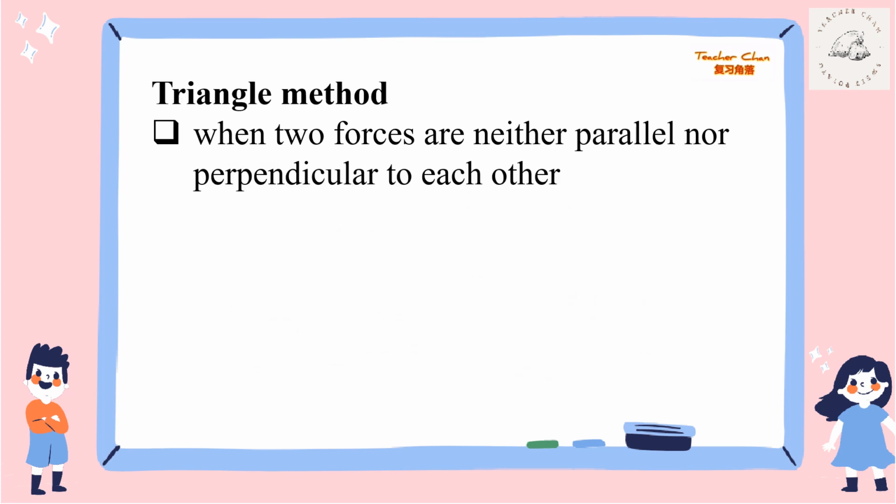Another way to find the resultant force is by using the triangle method, when two forces are neither parallel nor perpendicular to each other. When you want to draw this triangle, always bear in mind that this one is the tail and this one is the head.